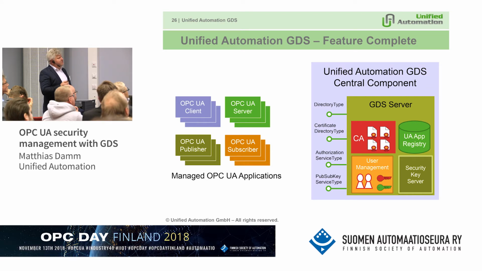Then we have the Certificate Directory Type for the certificate management of application instance certificates. Then we have the Authorization Service Type for the centralized user management. And the fourth feature set is the PubSub Key Service Type, which is required for the security key server.